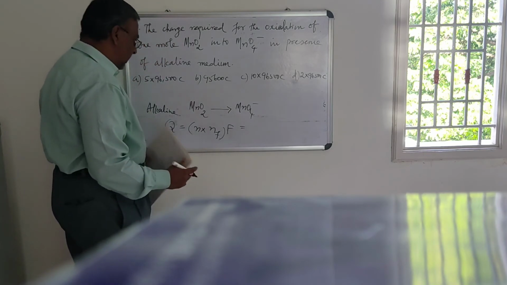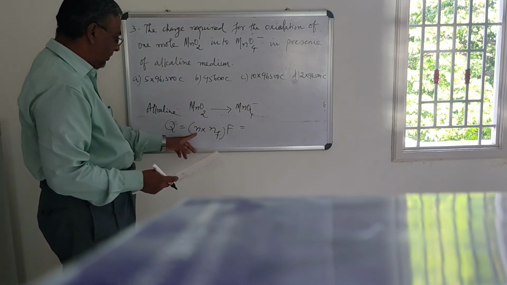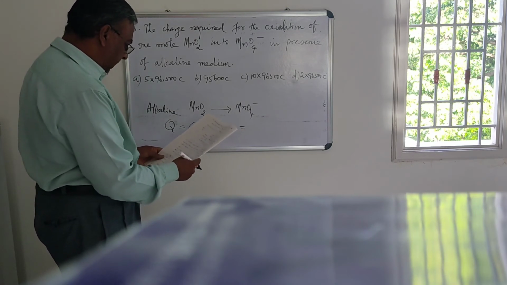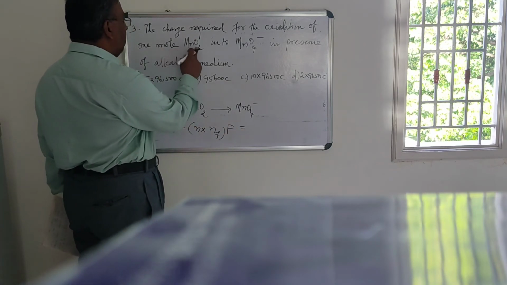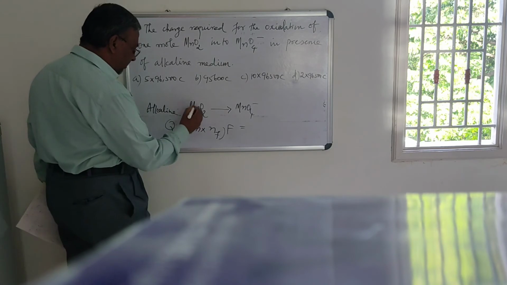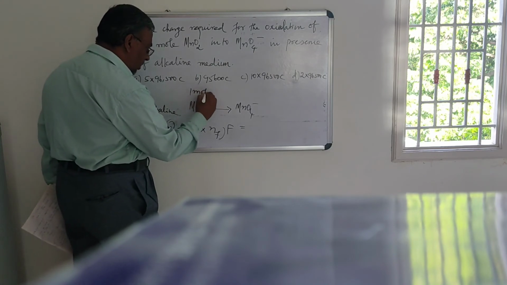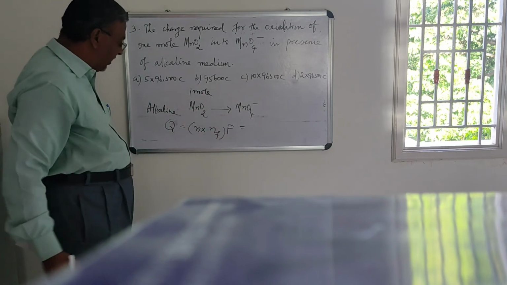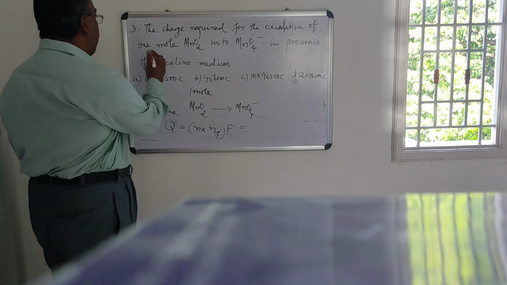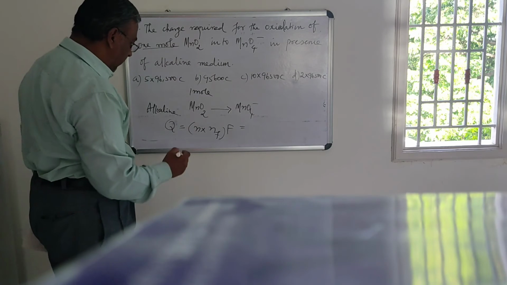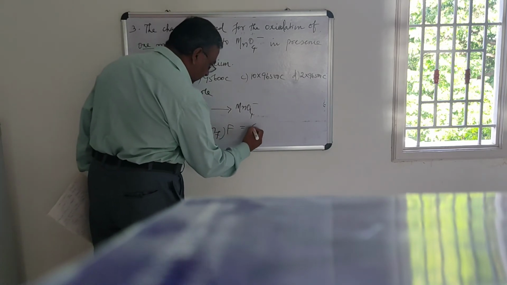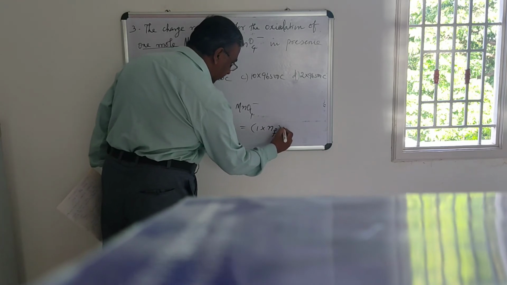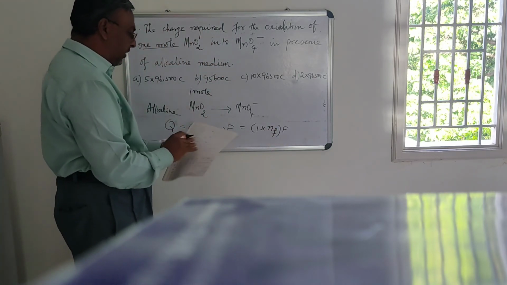Here, n is the number of moles of manganese dioxide. Here in the problem, 1 mole is given. Therefore n is equal to 1. So 1 into n factor into Faraday.